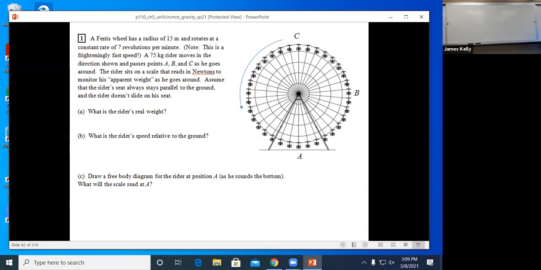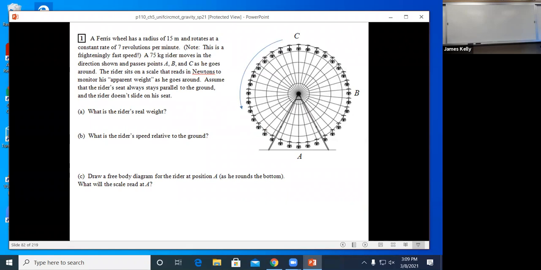But the forces acting on that person are not necessarily even constant in magnitude here. Just to set it up, at a random point, let's imagine for the fiction of this problem that the person's seat always stays horizontal, right? So these things stay level as they go around.